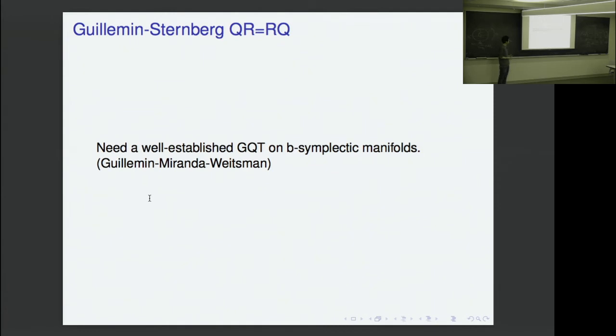The only thing is that now we need a well-established geometric quantization theory, and I think this is still an ongoing project, a joint project of Miranda and Weitsman. And Jonathan explained some ideas in yesterday's talk. So if the theory works out, then we should also expect quantization commutes with reduction in the b-symplectic case. But we need to get such a theory first.